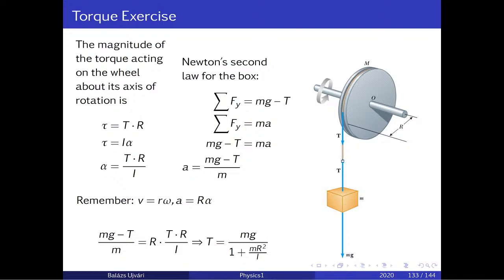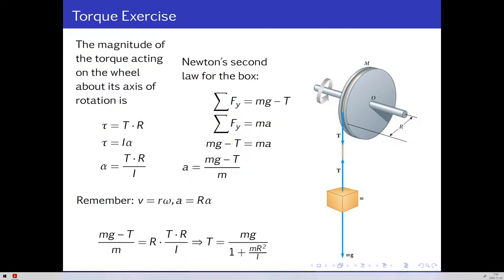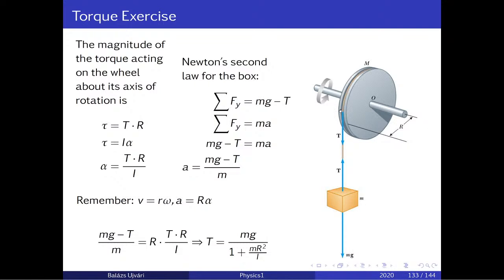We have to suppose that there are forces between these two objects. We don't know its magnitude, but we can imagine its direction, so there must be a force on this small m body that tries to decelerate it, and the same force on the other end of the string will accelerate the cylinder.